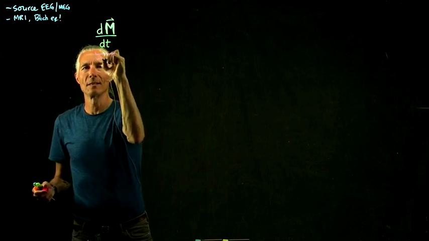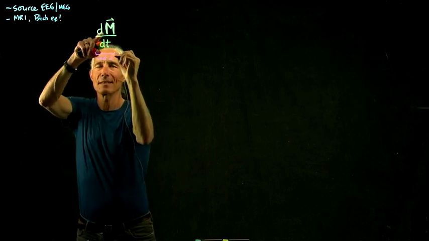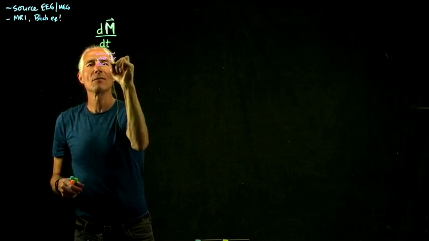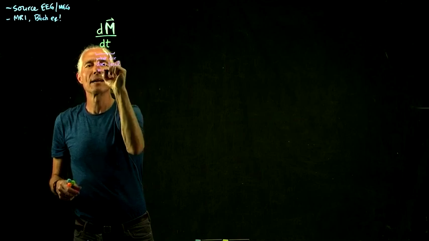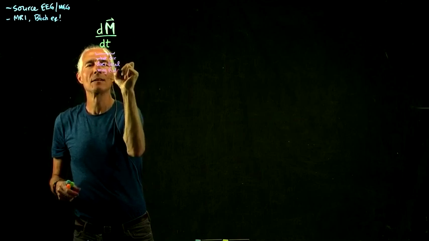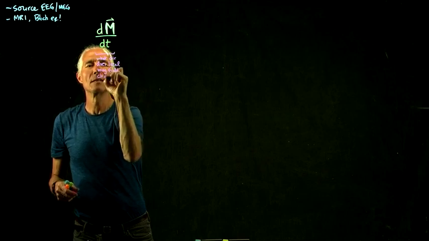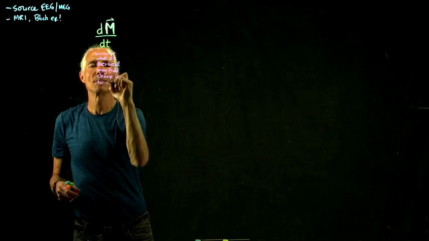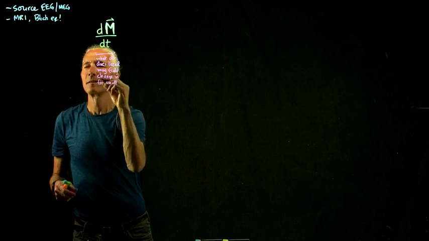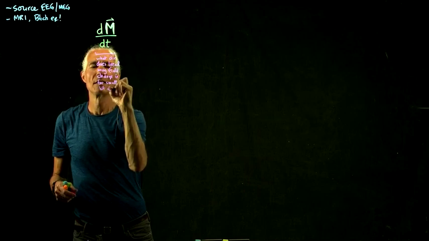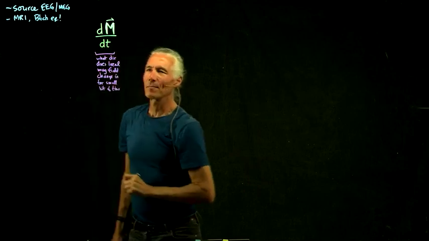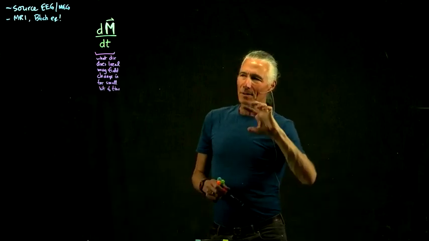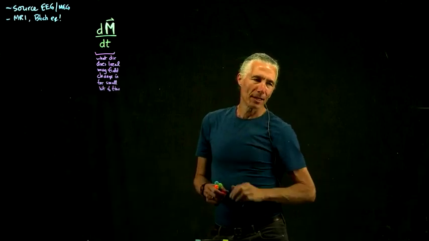Because this thing is a vector, it just means, what direction does the local magnetic field change in for a small bit of time? So that's the meaning of that. For a very small bit of time, how does the local magnetization in some part of your brain change?